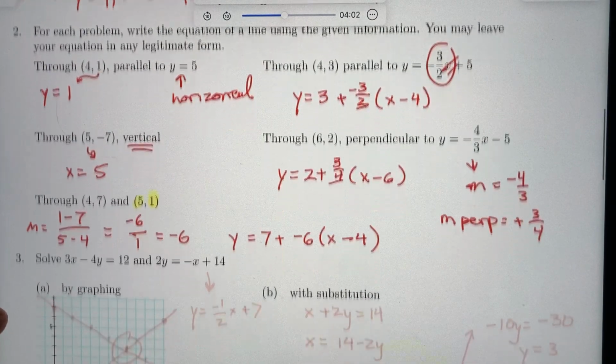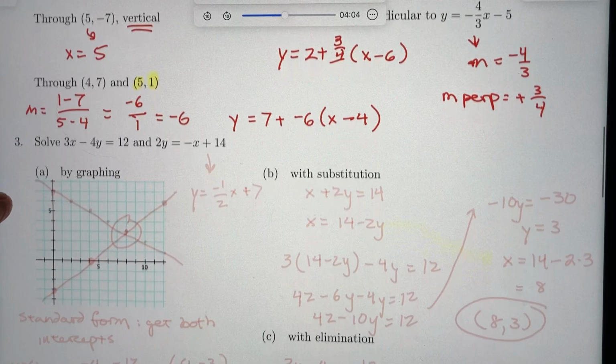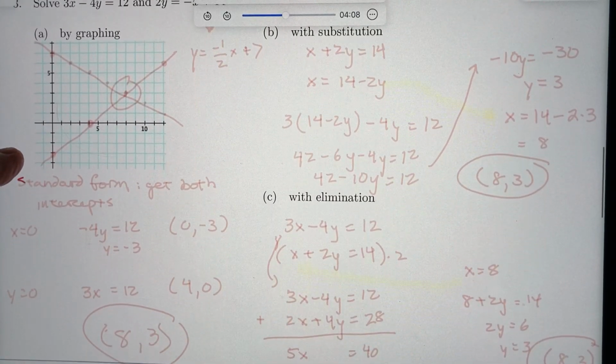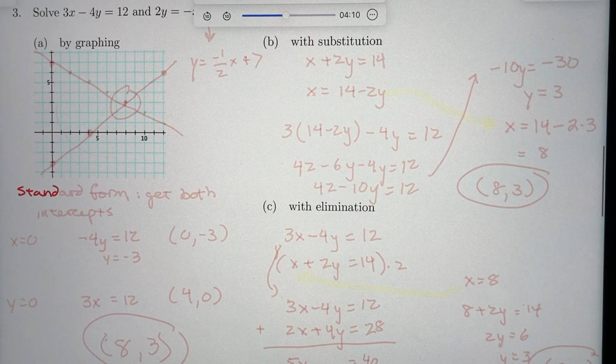All right, so if we're going to graph to find the slope, the nice thing about standard form is you can plug in 0 for either variable and get both intercepts. We've seen this in class, but let's do it officially.